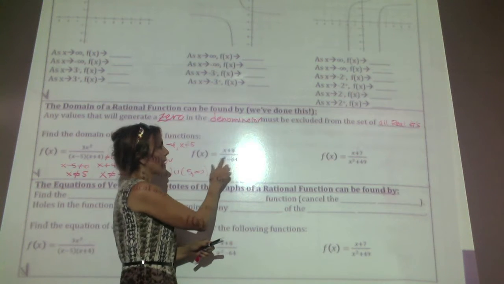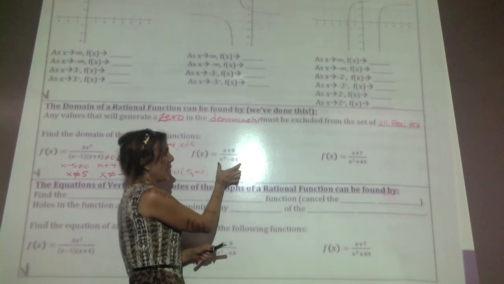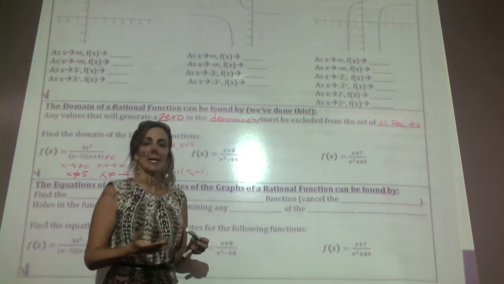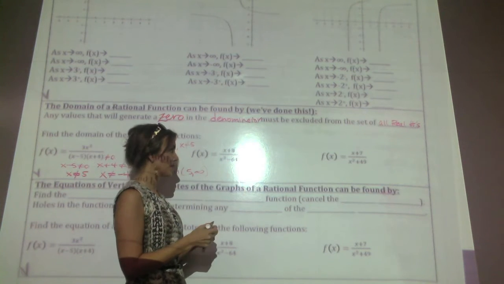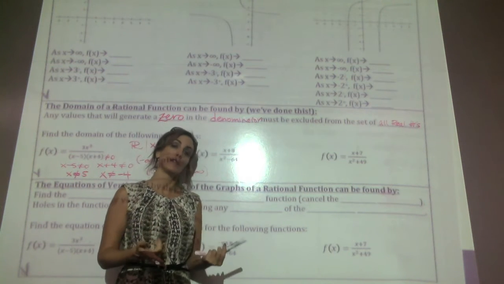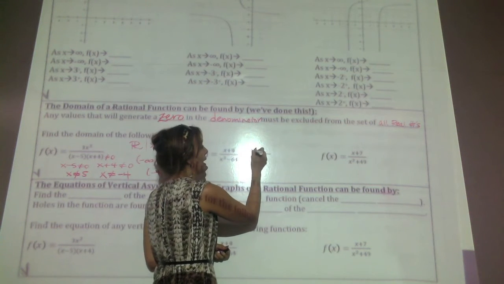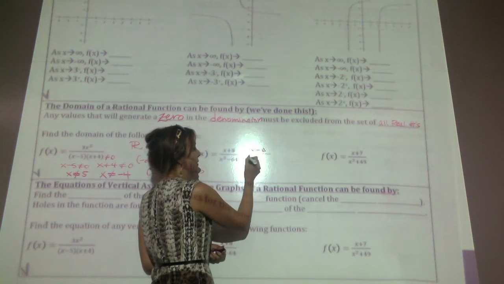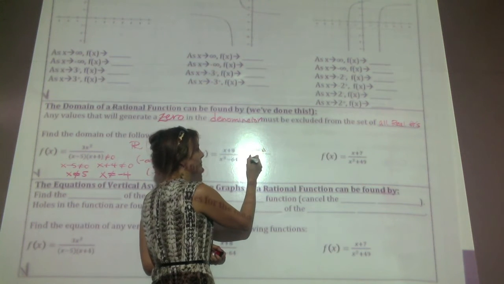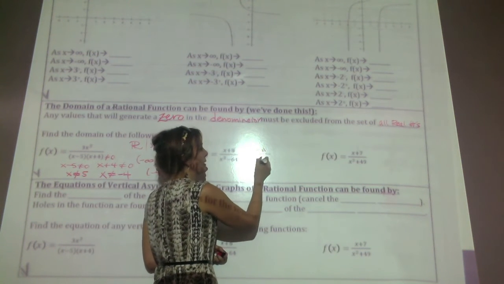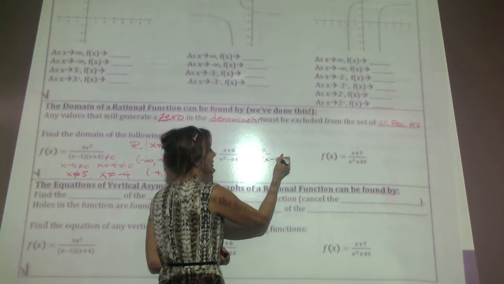Let's look at this one over here. f of x is equal to x plus 8 divided by x squared minus 64. Here we have a polynomial function on the bottom that's factorable, and so we would want to just go ahead and factor it. This is the same as x plus 8 divided by the product of x plus 8 and x minus 8.